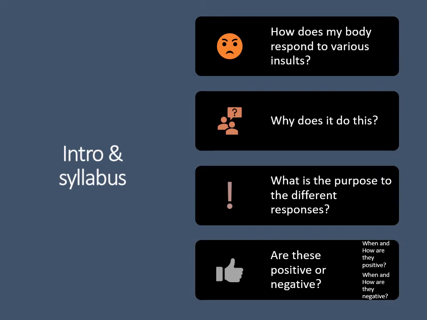Blood pressure. When we talk about blood pressure, we're referring to the blood pressure in your arteries, not your veins. Your heart pumps and creates a systolic and a diastolic blood pressure.